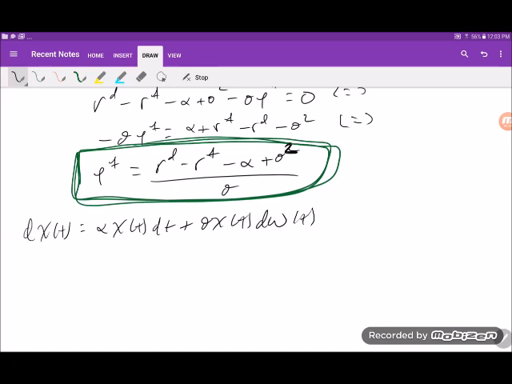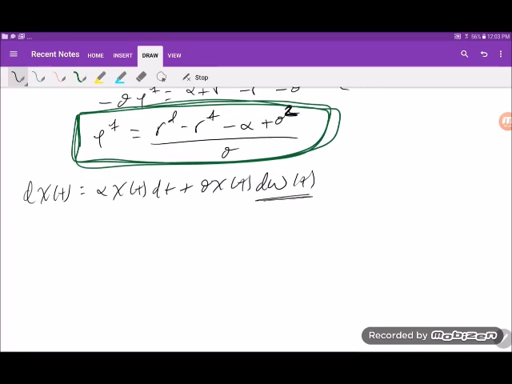But now we are again going to change this, invoking our result here. So we'll have that dxt equals alpha xt dt plus sigma x t, and then invoke Girsanov with our derived kernel.